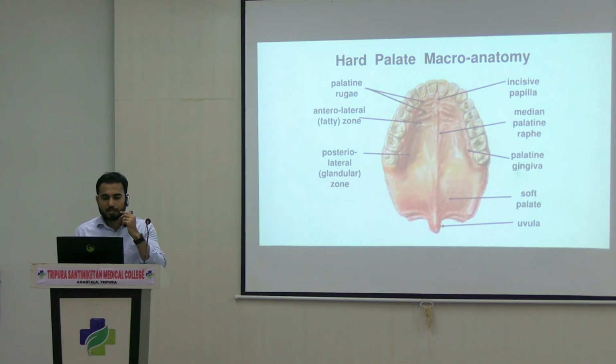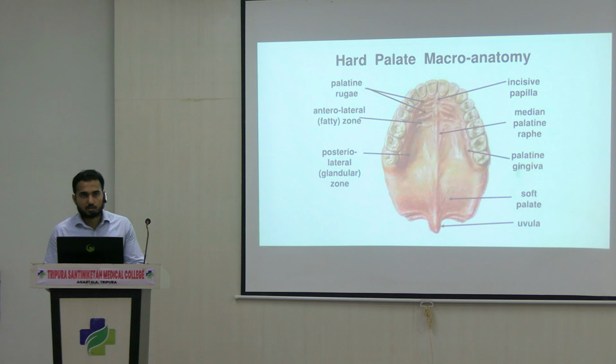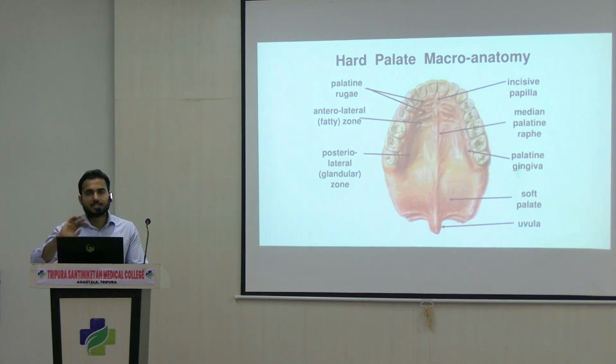What is there in it? The anterior part of the masticatory mucosa is firmly attached to the bone of the hard palate, or you can say the periosteum of the hard palate, with Sharpey's fibers, so that whenever you are chewing and swallowing, the food bolus will not displace the mucous membrane.